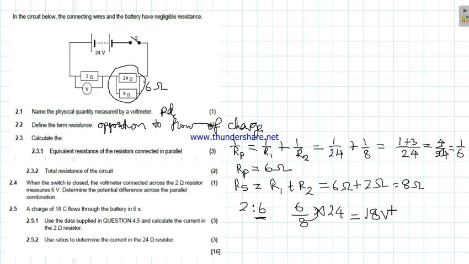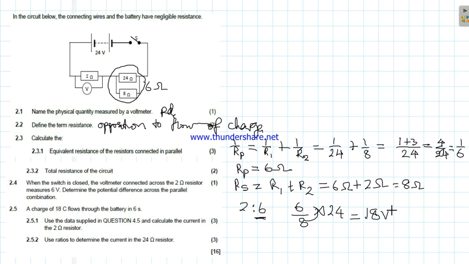So which means the 2 ohm resistor is going to be having a potential difference of 24 minus 18, which is 6 volts. Okay, all right. So that's a longer way.